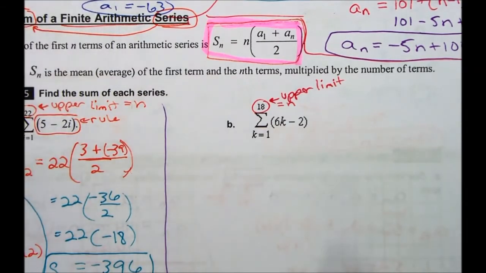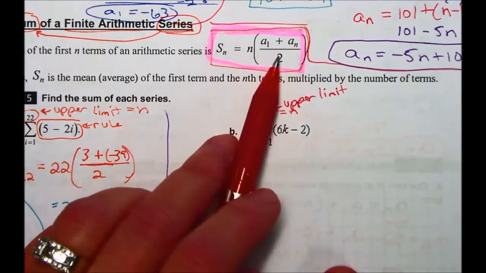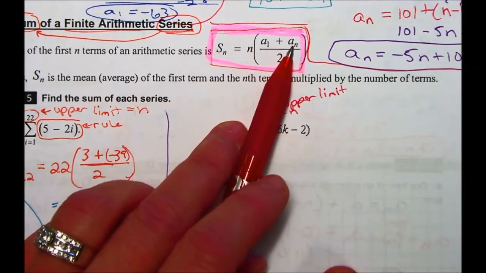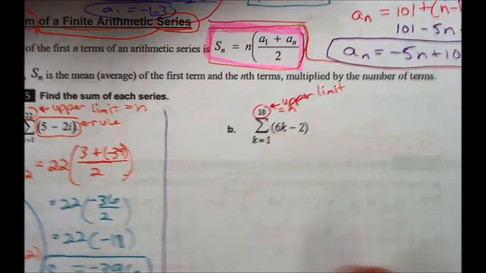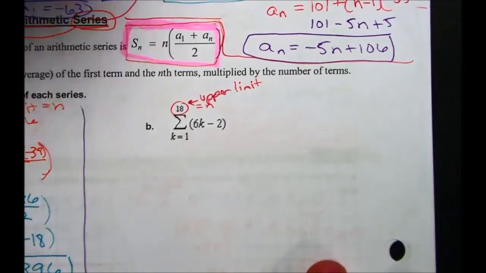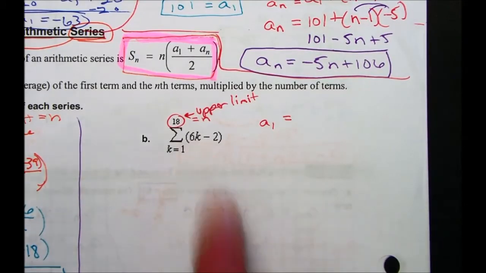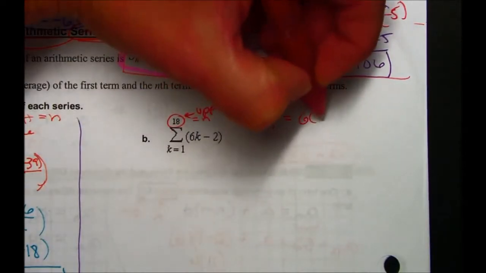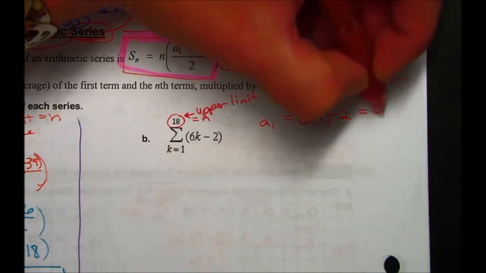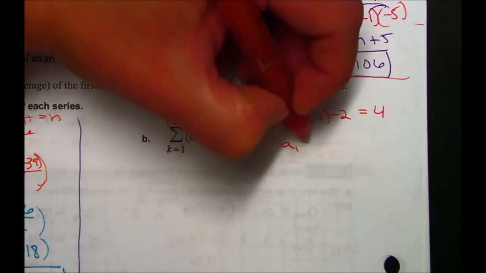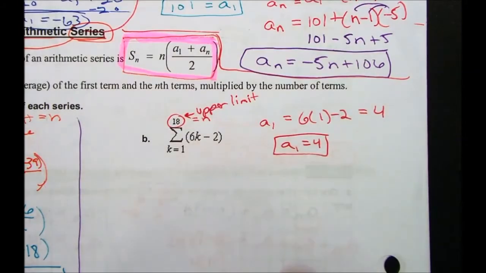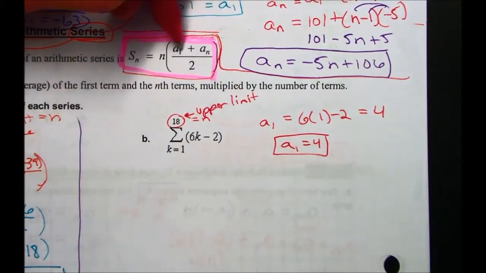In order to plug this in the formula, we have to find the first term and the last term. So maybe off over to the side over here, I'm going to find a sub 1. If I substitute 1 into the rule, I'm going to get 4. So a sub 1 equals 4. We're going to use that in our formula right here.